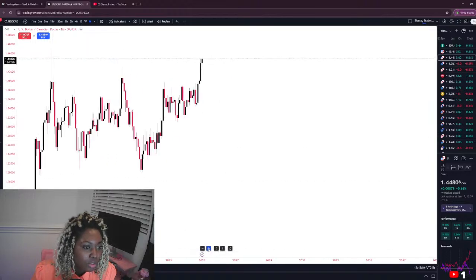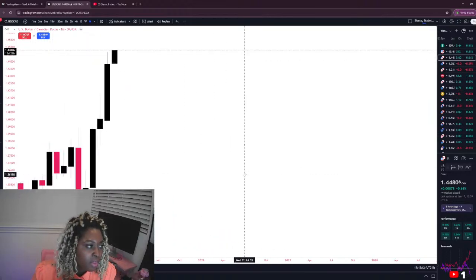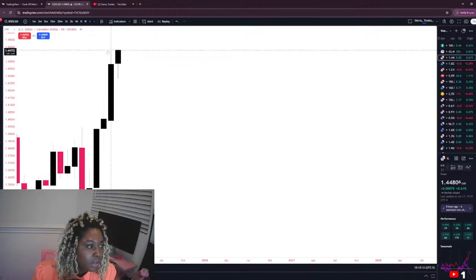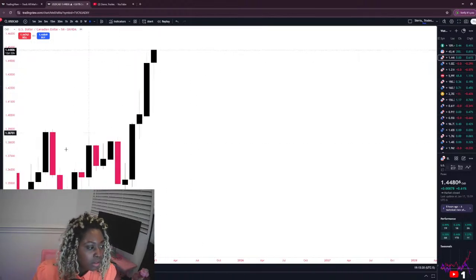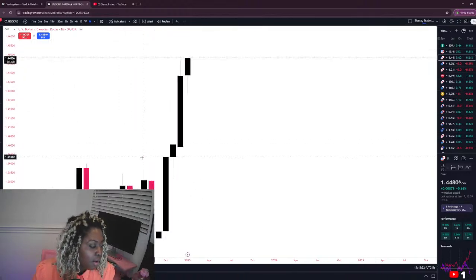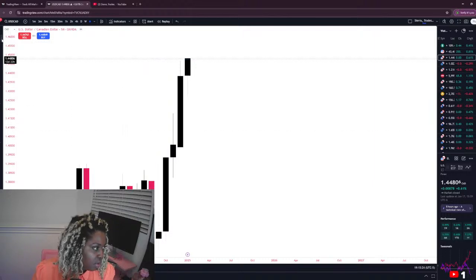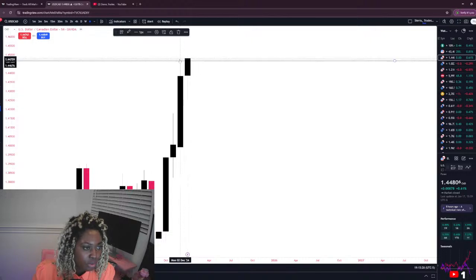I also see that price ran this monthly high, so we could possibly get a turnaround. I want to see where the weekly is compared to this monthly high.